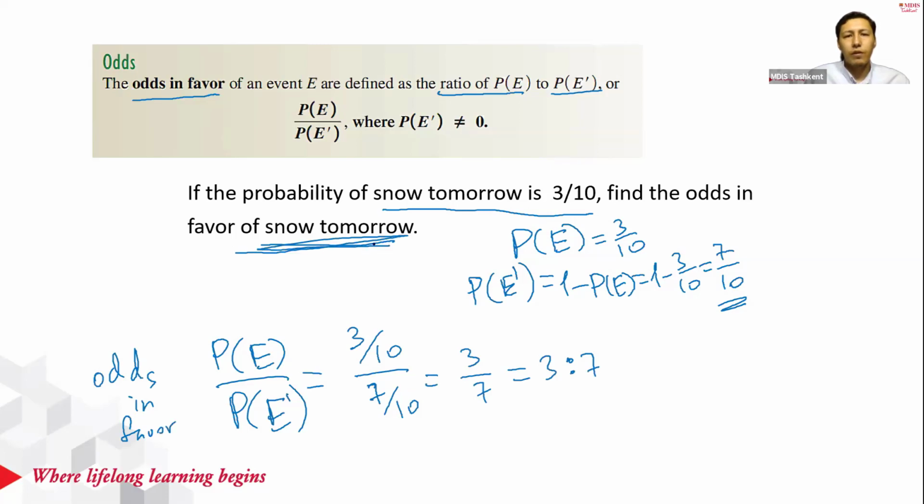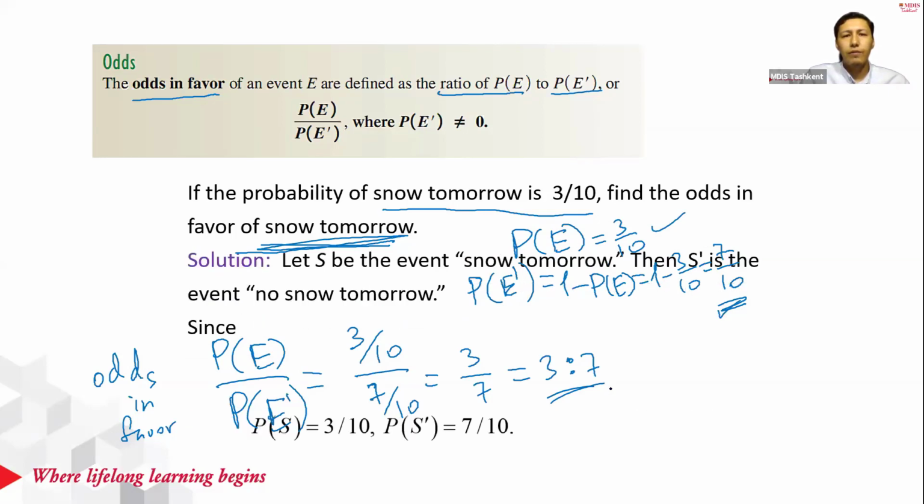So odds in favor of snow tomorrow is 3 to 7. That means there is a 30% chance of snow tomorrow and 70% chance of no snow tomorrow. Okay, instead of saying these two, we can just give it in this way. This is just a ratio.